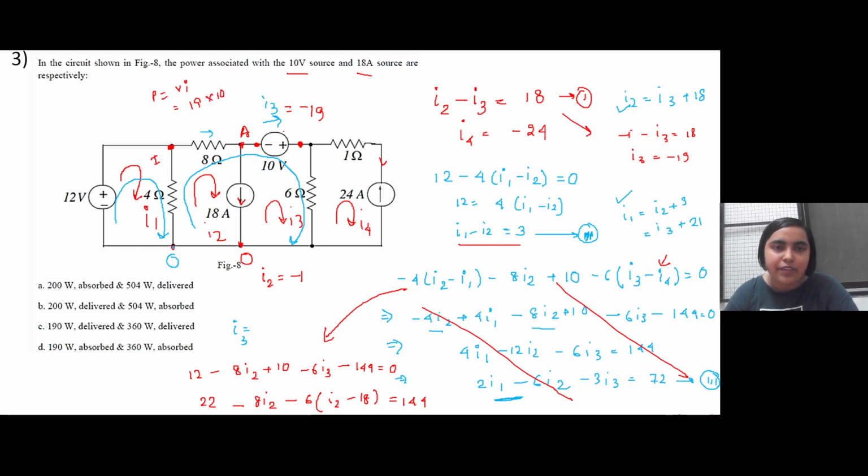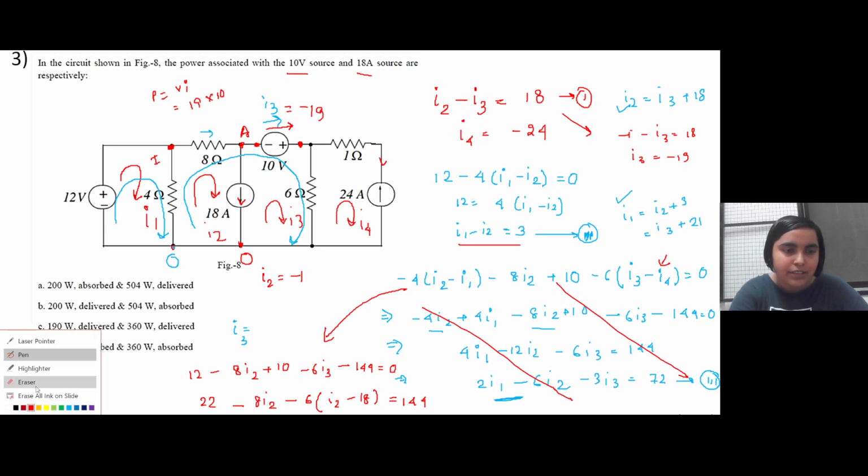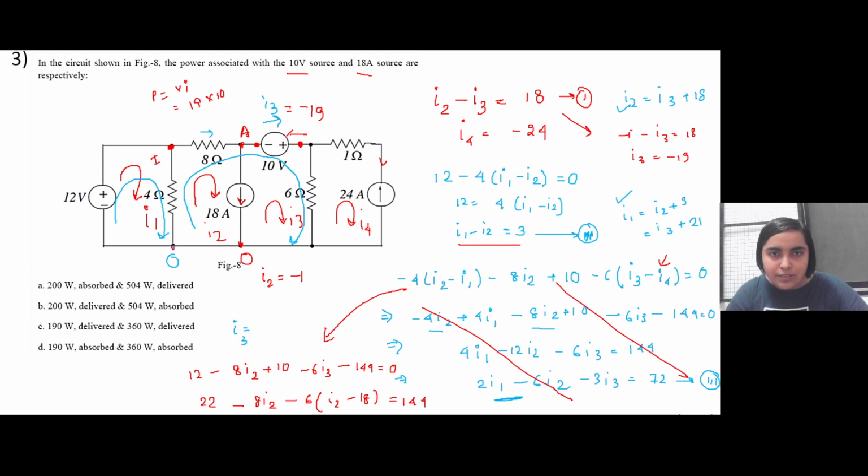Now whether it is delivering or absorbing power. So I3, the direction is assumed from this to this side, but it comes out as negative. So the actual direction of the current is in the reverse direction, right? So the actual direction of current will be from this side to this side. Then it will be 19 ampere current.